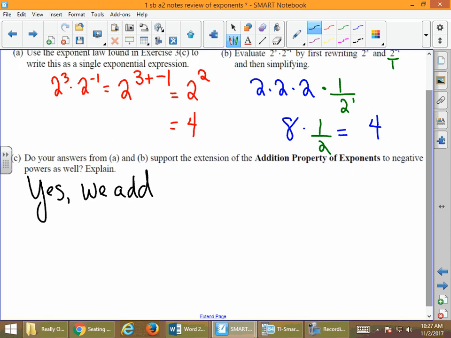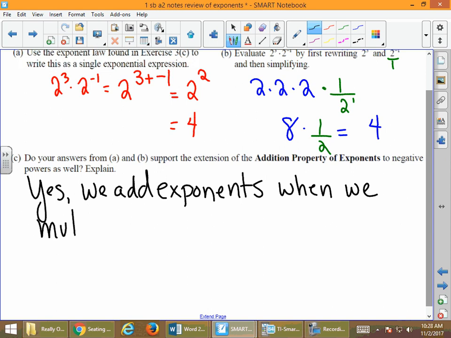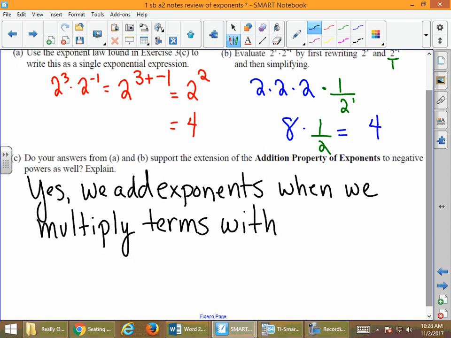We add exponents, whether they're positive or whether they're negative, when we multiply terms with like bases. Again, it doesn't matter whether the exponent's positive or the exponent's negative. We add the exponents when we multiply.